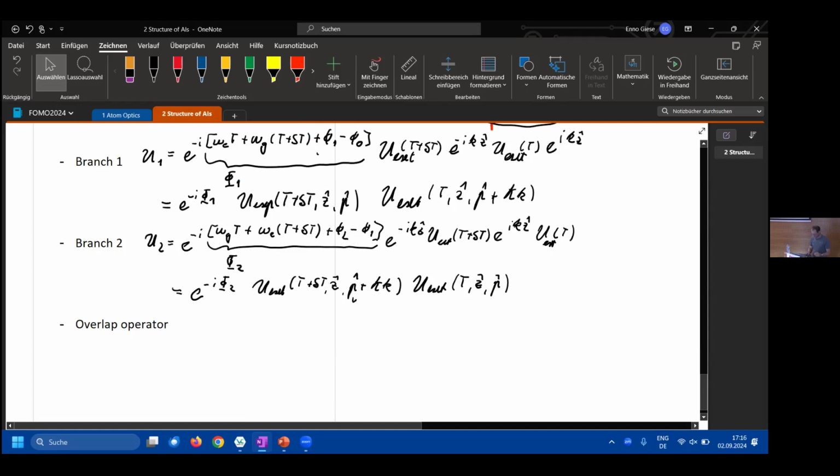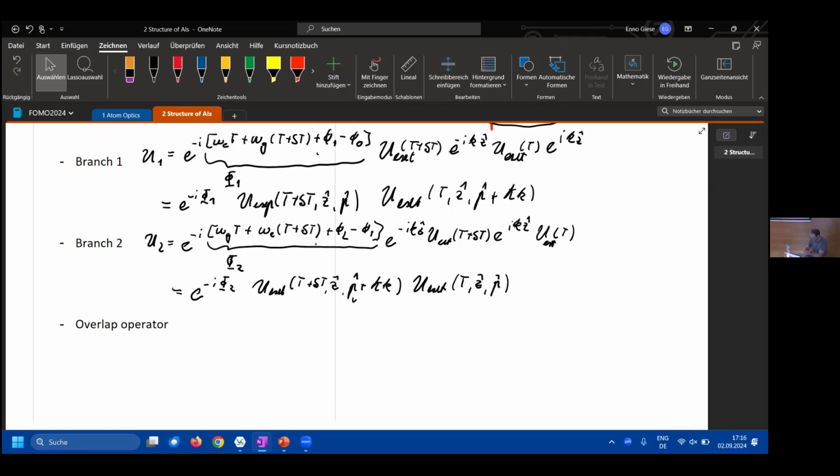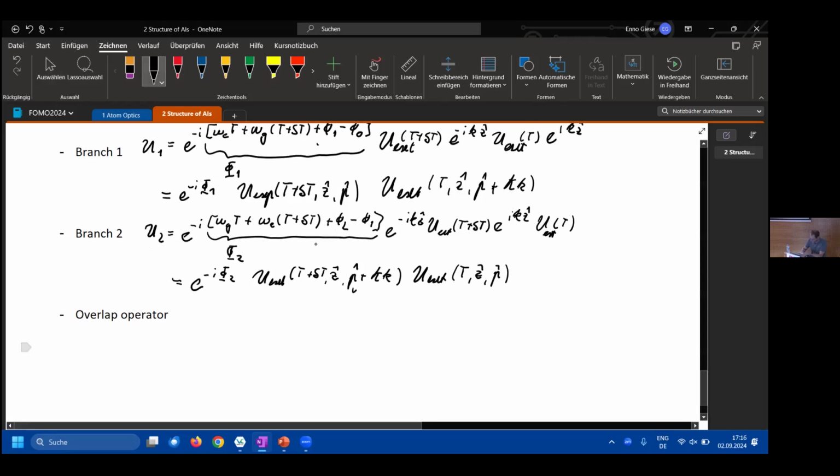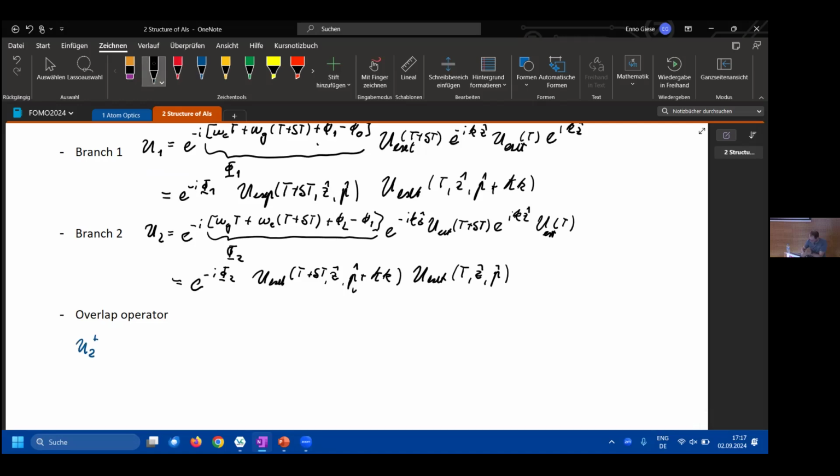And now I just suppress the dependence on the position just because it's not important, or because there is no position increase. So it would be now U2 dagger times U1. This is what we want to calculate, or its expectation value.